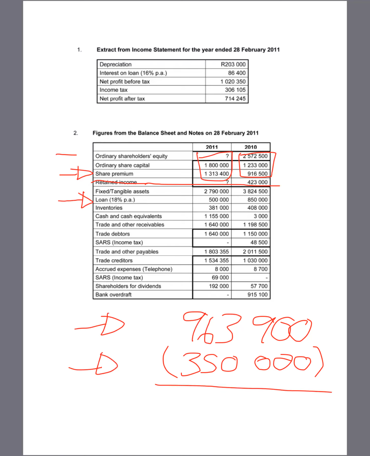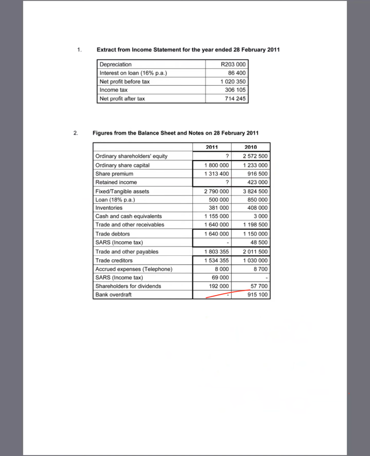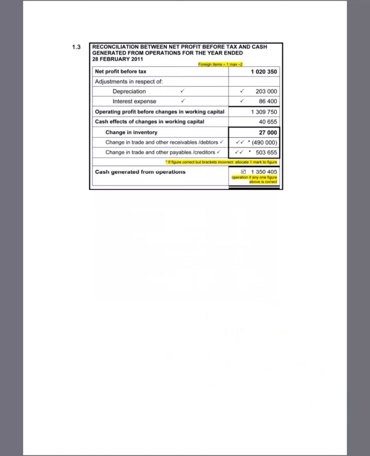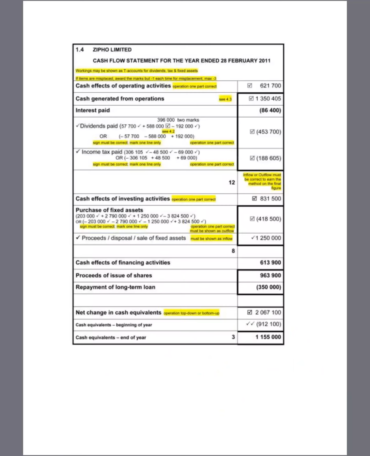And then what do you get when you do that? 963,900 minus 350,000 is 613,900. And this is your financing activities, right? Yes. So now we go to our cash flow statement and we put that amount there.